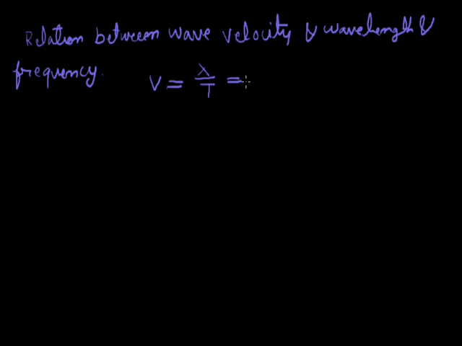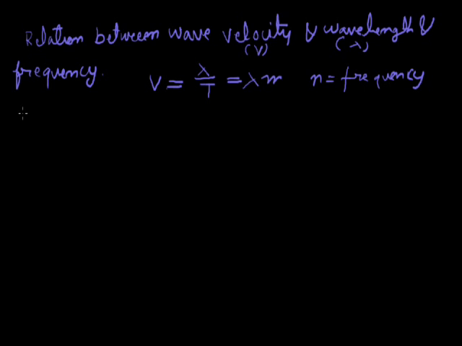So we can say v equals lambda into n, where n represents the frequency, lambda is the wavelength, and v is the velocity. Okay, so this is the relation between wave velocity, wavelength and frequency.